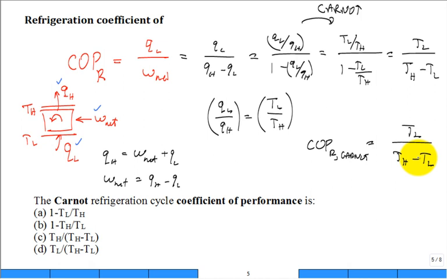Somebody shy, who didn't answer any question in the previous slide, I have a question for you. The question is right here. For the Carnot refrigeration cycle, the coefficient of performance is equal to either answer A, B, C, or D.